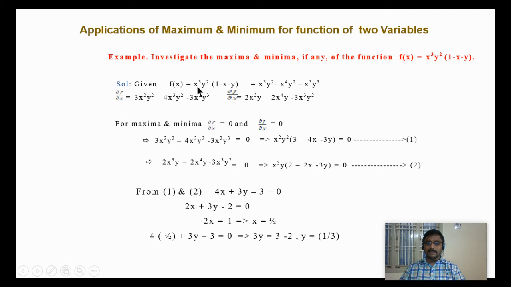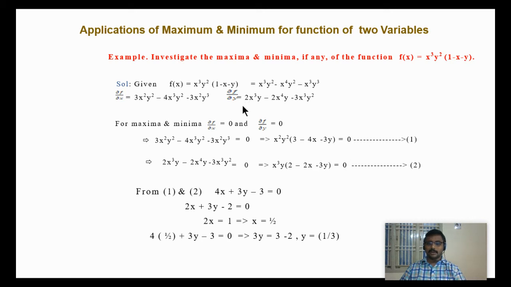Next, negative x cube y cube derivative is negative 3x square y cube, because negative y cube is constant and x cube derivative is 3x square.